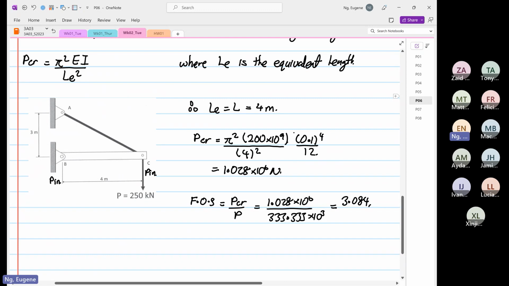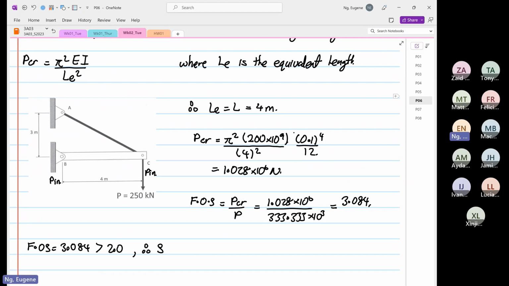So we have calculated that the factor of safety is equal to 3.084, which is greater than 2.0. So therefore, the structure, or BC, will not fail due to buckling.